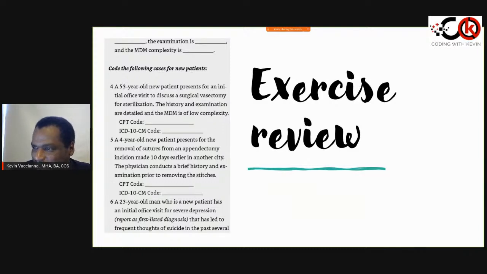The history and examination are detailed, and the MDM is of low complexity. What is my CPT code? And what is my ICD-10 code? I'll give you a second, and then Terry's going to tell us if we're right. 99203. That is for the CPT code, and Terry, is she right? That is correct.